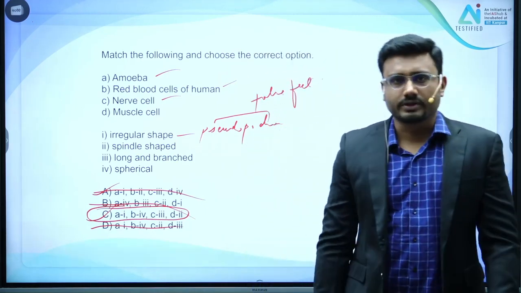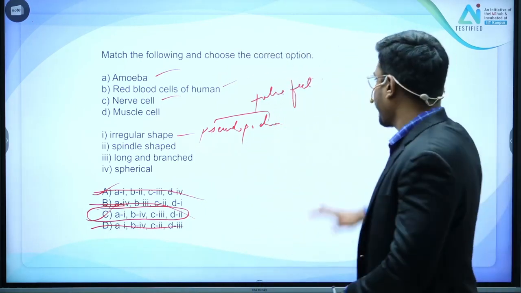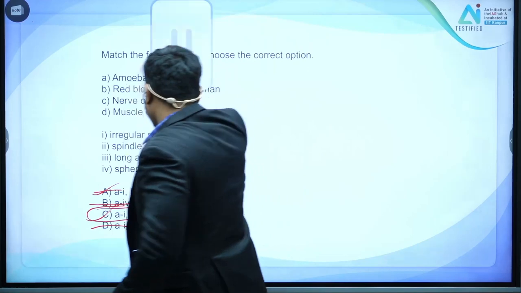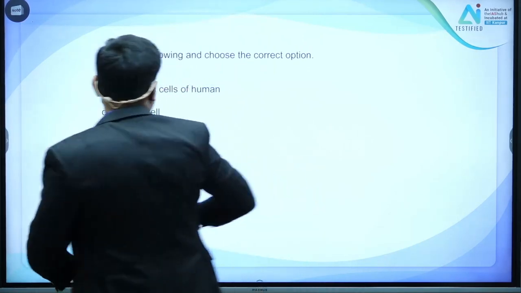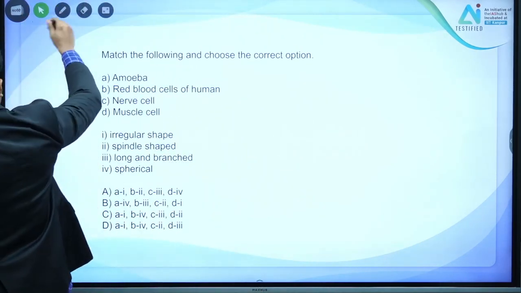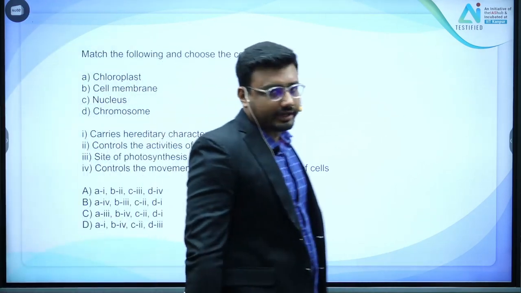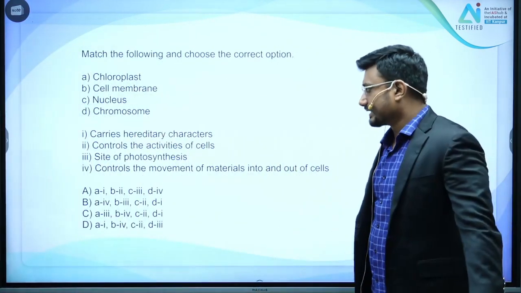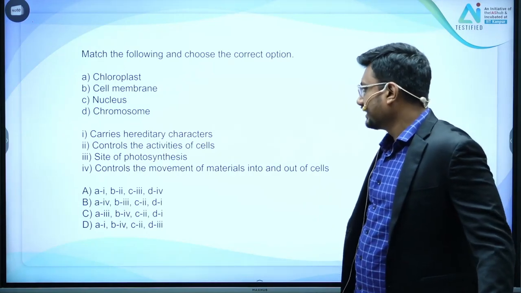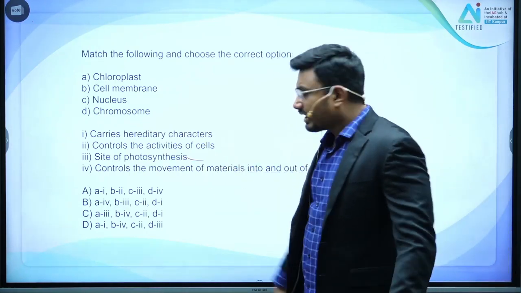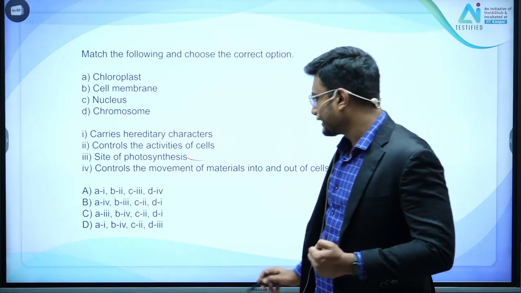So now let's move on to the next slide. So now we need to match the following. Chloroplast is the site of photosynthesis. So A is third.